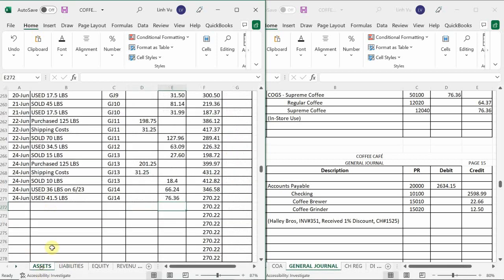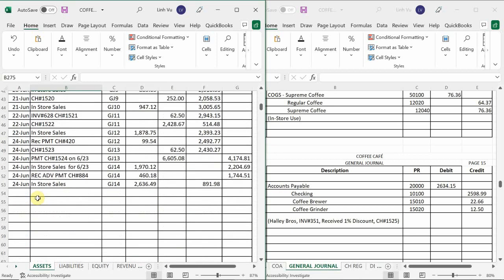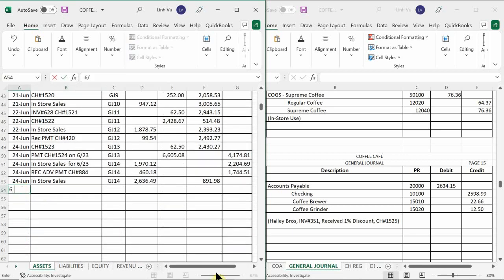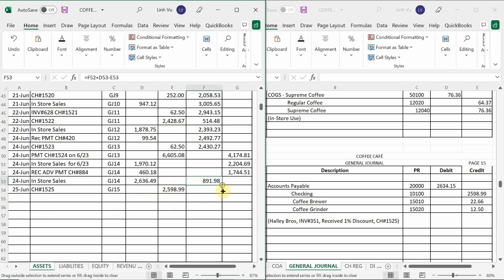We gotta update our checking account because we end up paying Hallie Bros. Okay. For $2,598.99, which brought us back down to the negative.